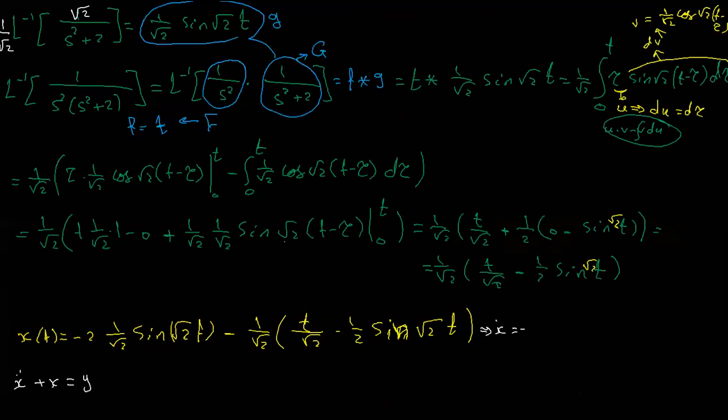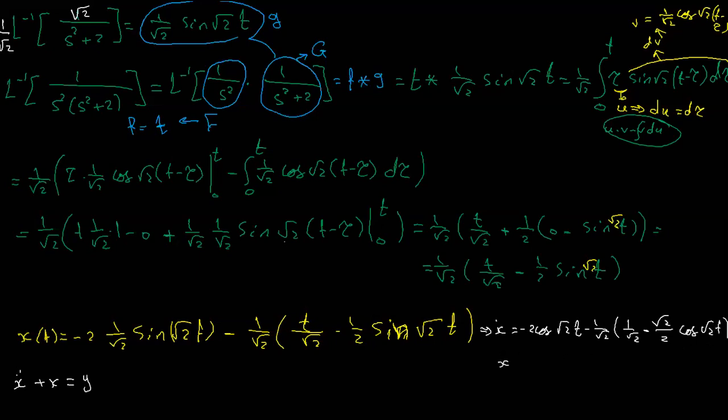So negative 2 cosine root 2t minus 1 over root 2 bracket. The derivative of t over root 2 is only 1 over root 2, minus half derivative of sine, which is cosine, multiplied by the root. So negative root 2 over 2 cosine root 2t. This is the first derivative.